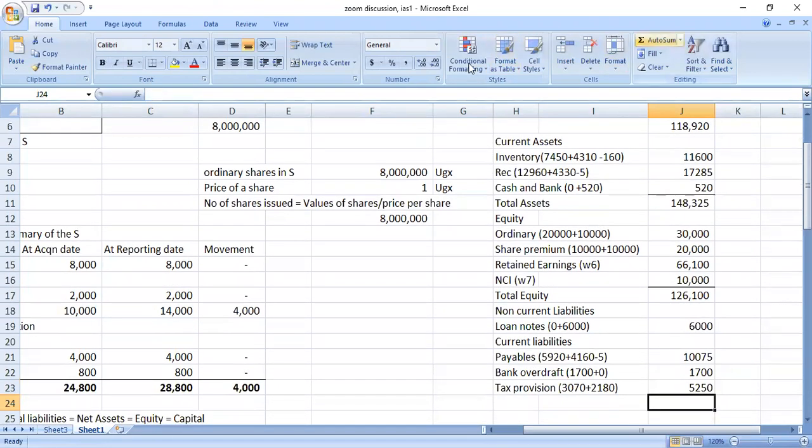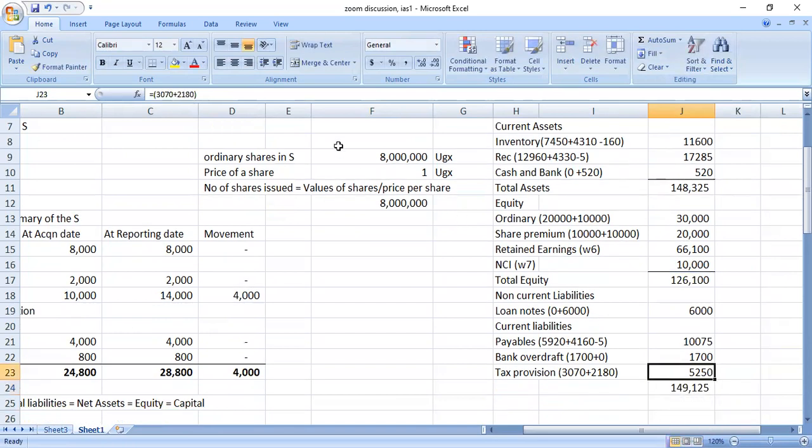Then you add all equity plus liabilities. Okay, you get 149. There's a difference. I don't know where it's coming from. But this is total equity and liabilities.